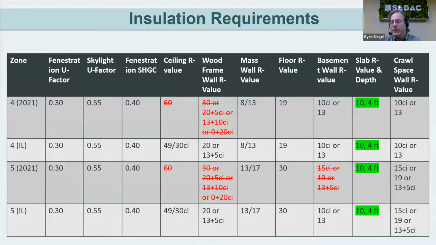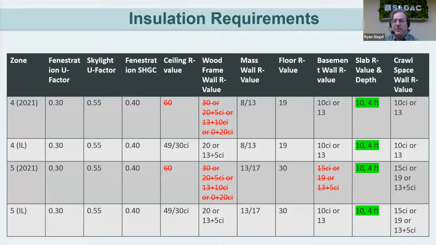Insulation requirements, this is one of those where there was a big jump forward in insulation requirements. Illinois is proposing to remove most of those changes and updates, with the exception of the depth for slab insulation.